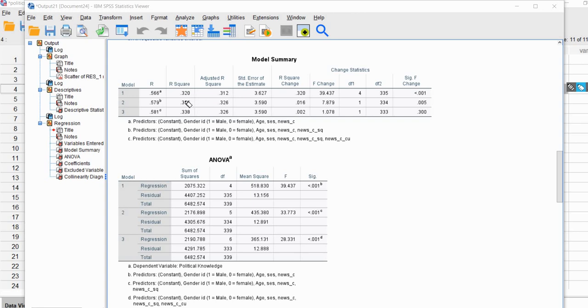In terms of the change in R-square, the increment in R-square, we had an increment of 0.016. So by virtue of adding in the squared news variable, we did account for an additional 1.6% of the variation in political knowledge. And that's not a huge amount, but that is an increment nonetheless.